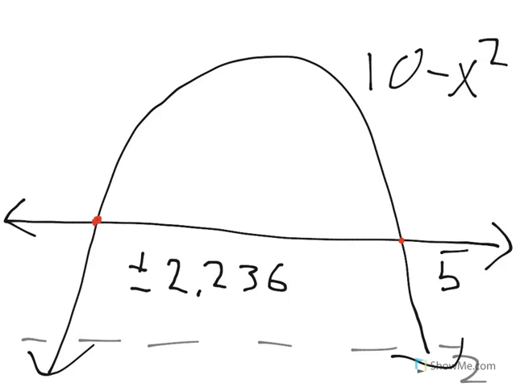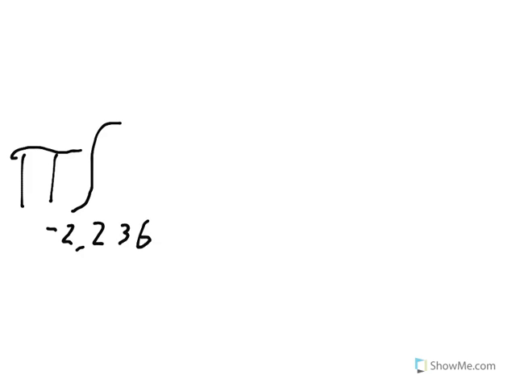Now, on the top, if we go back for just a second, we can see that this function is lying on top. So we're just going to remember that and come back to that in a moment. And this one, y equals 5, is on the bottom. So when we make our integral, we're going to go first off, pi times the integral from negative 2.236 to positive 2.236.